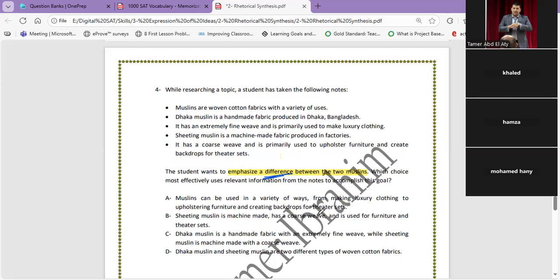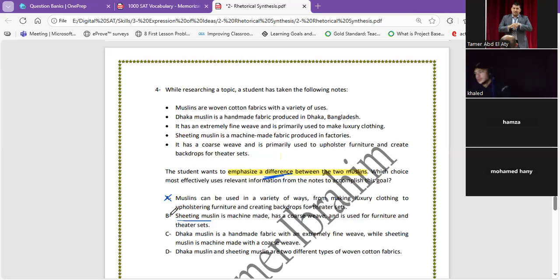Nothing here talked about the difference between the two muslins. Sheeting muslin is machine made, has a coarse weave, and is used for furniture and theater sets. He talked only about one.